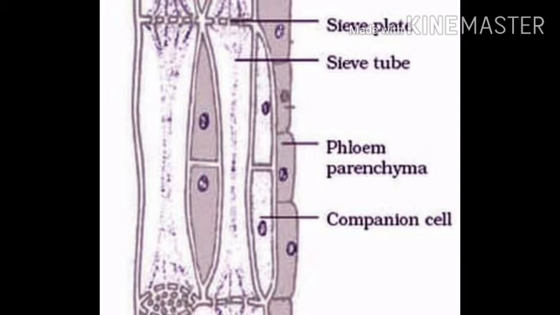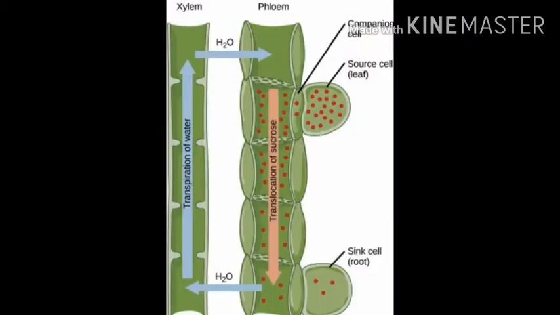These three are responsible to transport the food from leaves to the storage parts and the growing regions of the plant. Sieve tubes, as the name reflects, are long, tubular and thin walled, which is pored or perforated, so that the cytoplasm of the cell is continuous, passing through the pores from one cell to another.